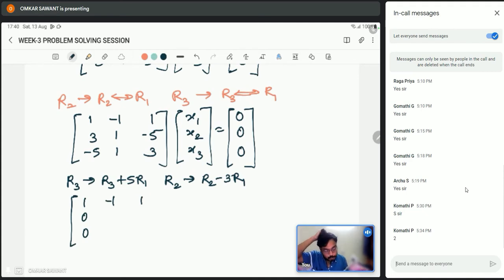So R3 gives R3 plus 5R1, R2 gives R2 minus 3R1. So 1 minus of minus 3, 4 minus 5, minus 3 is minus 8. 1 minus of 5 is minus 4. Sorry, again, I will do the same thing.